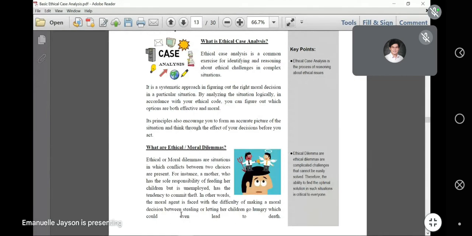Worse hunger would mean starving. And starving could lead to death. So yung dilemma nitong mother na ito is whether she would choose to let her children die because of starvation, or that she would commit a crime of theft, of stealing.